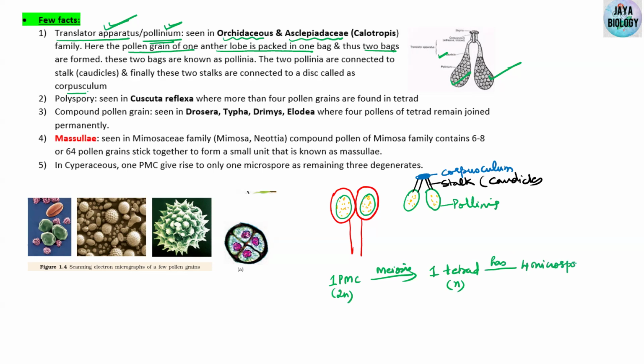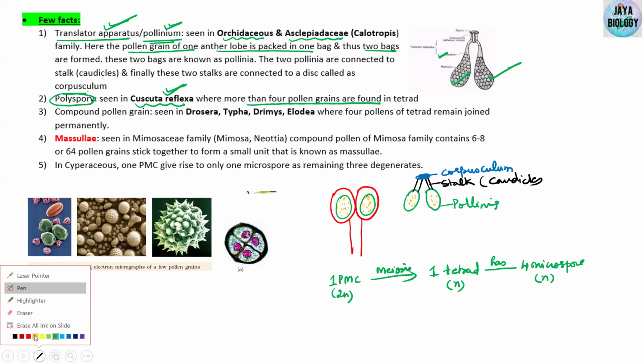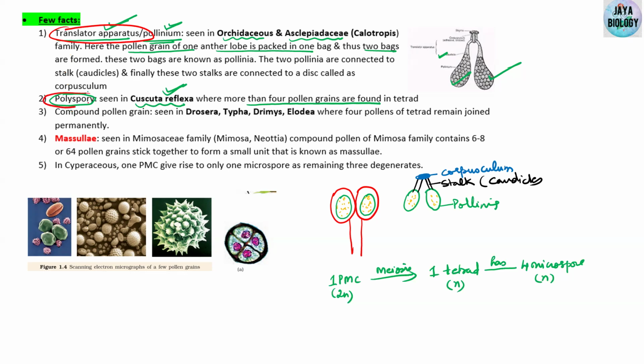Okay, 4 microspores. Understood? But in Cuscuta reflexa, you are finding there are more than 4 pollen grains present in a tetrad. And this condition is known as polyspory. So till now we have covered 2 points. One is translator apparatus, another is polyspory.